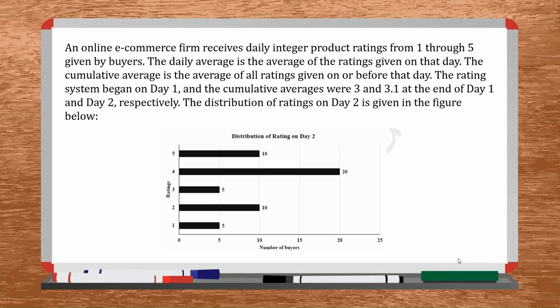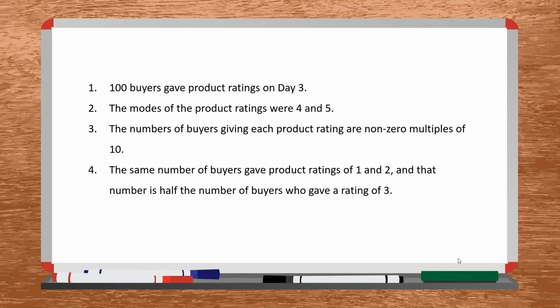For day 1 and day 2, we have the cumulative averages as 3 and 3.1 respectively. Also, we have a distribution of ratings on day 2. Then we have certain information regarding the ratings given on day 3. A total of 100 buyers have given the ratings on day 3. The mode of the product ratings were 4 and 5.